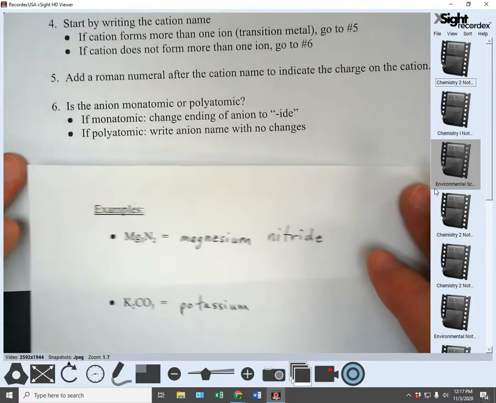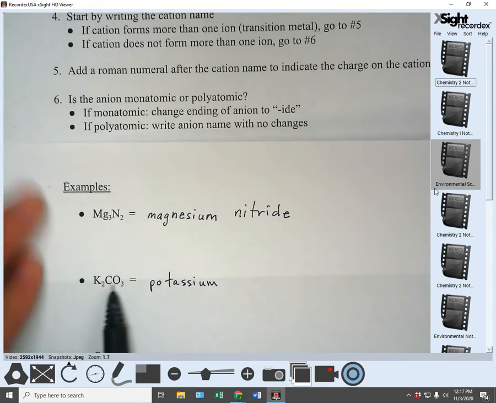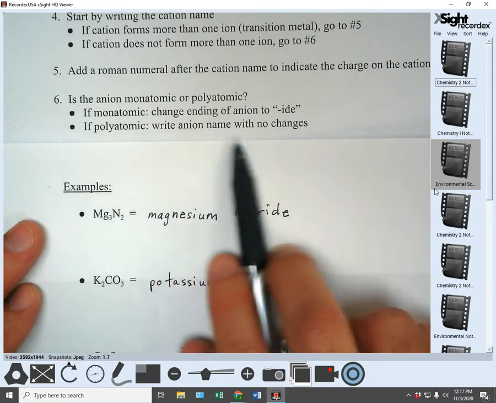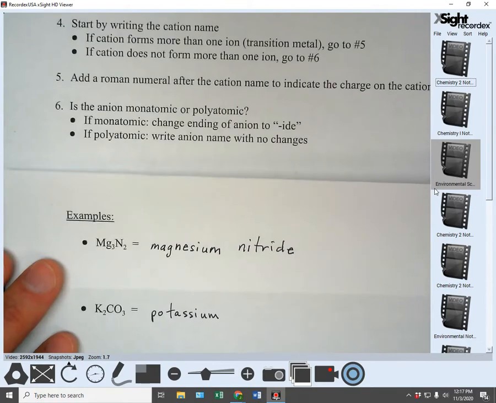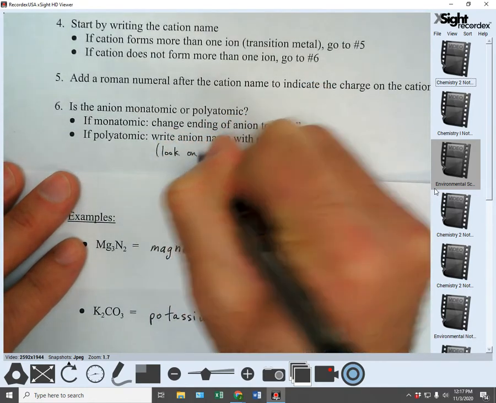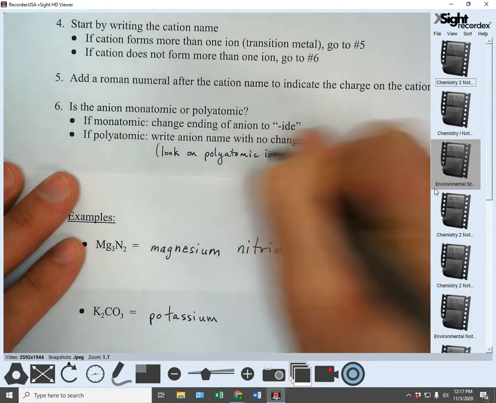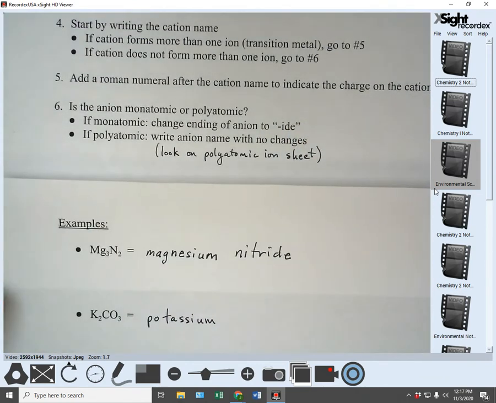Is the anion monatomic or polyatomic? We look at the negative part, which is everything after the cation. Here, it's polyatomic. There's more than one element. How do we know? More than one capital letter. We write the anion name with no changes. This comes off of our polyatomic ion sheet.